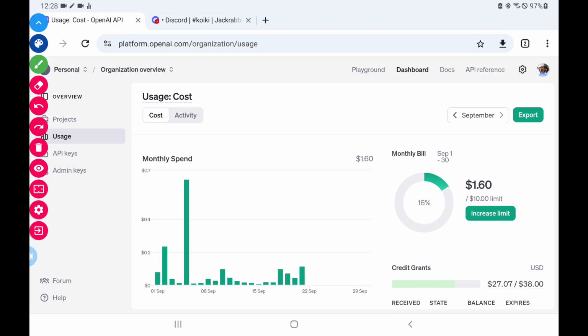So here we have my current billing with what I've actually spent to date. And this does include the free credits I got in the beginning of the account. Now I didn't use those credits through the API as I was learning the system through the web interface, but nonetheless they are still counted here.